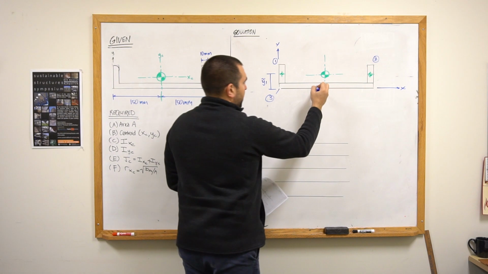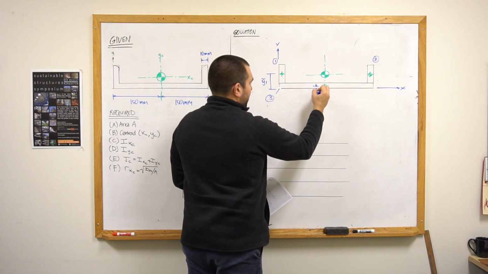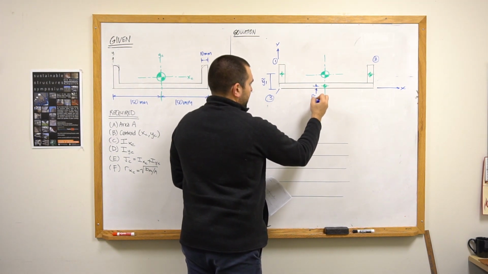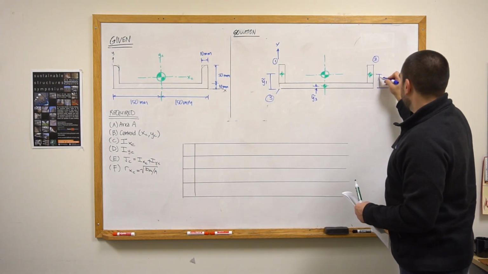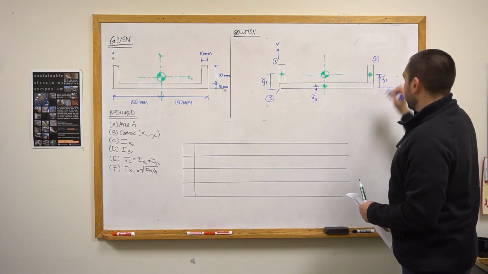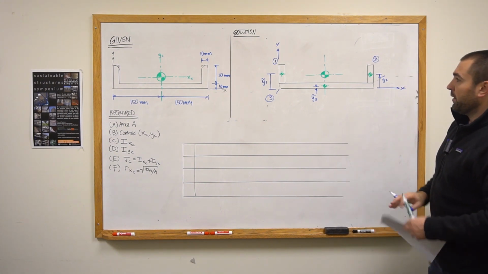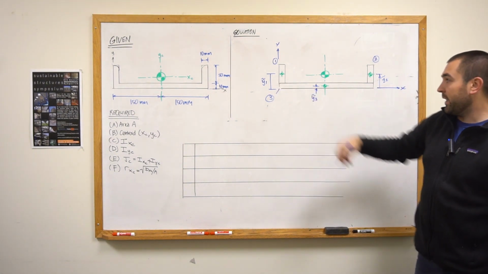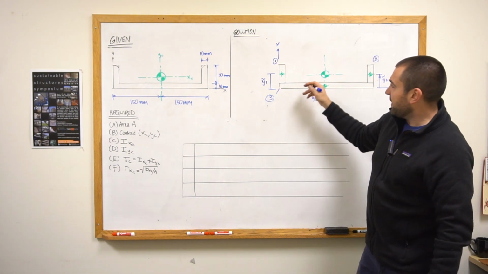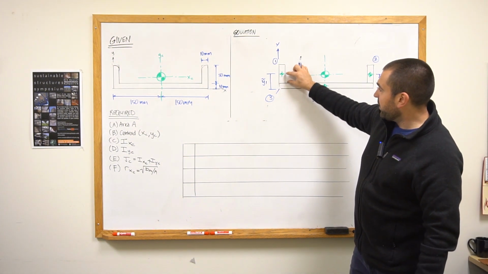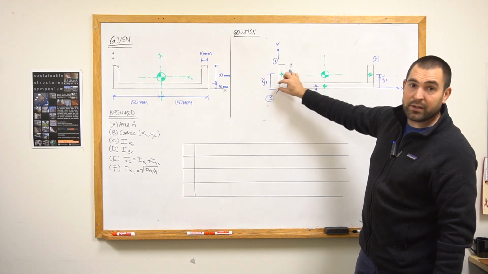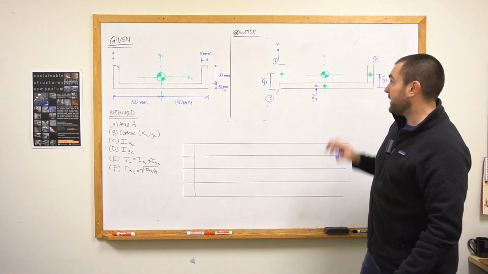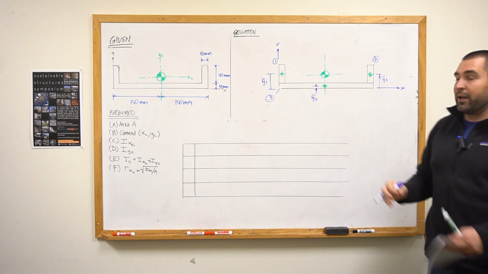Likewise, shape 3 here is going to have y tilde 3, and shape 2 is going to have y tilde 2. Now, these are going to be relatively easy to calculate because I know that the centroid is half the height of the rectangle, and then I simply add on the thickness of the bottom rectangle.